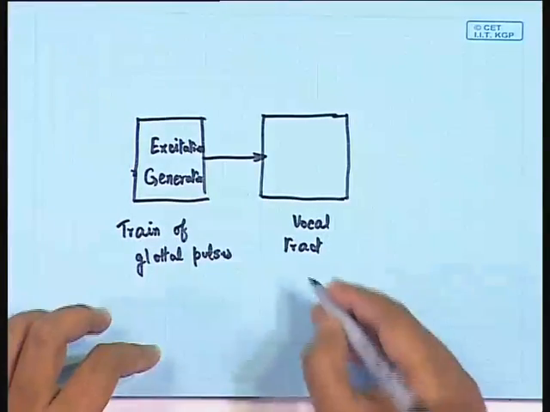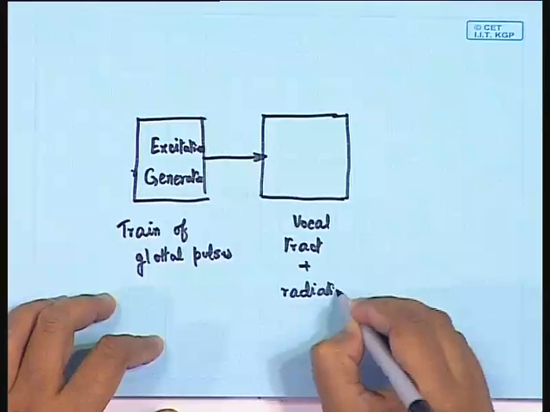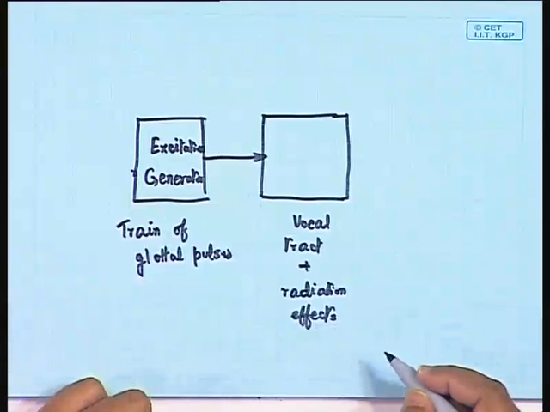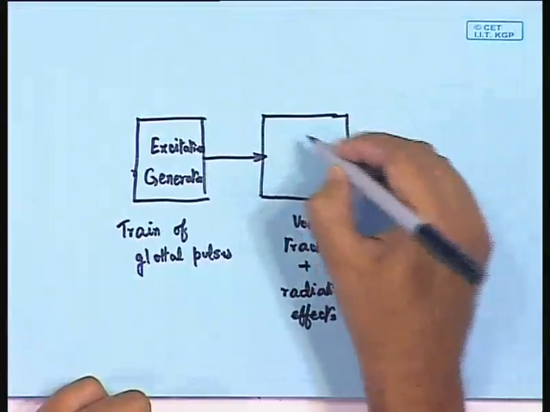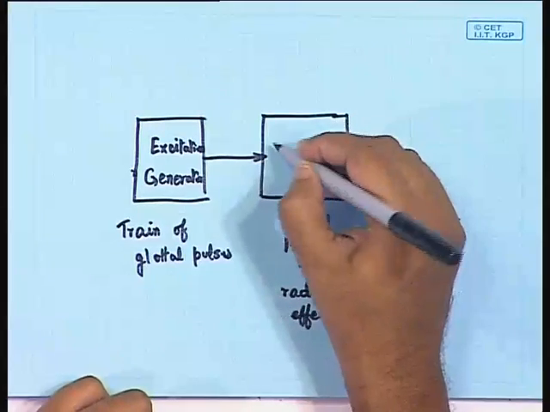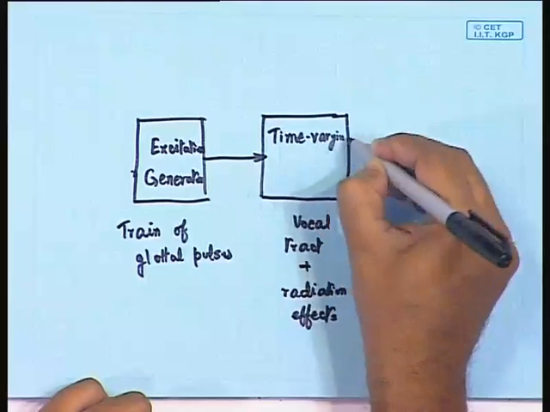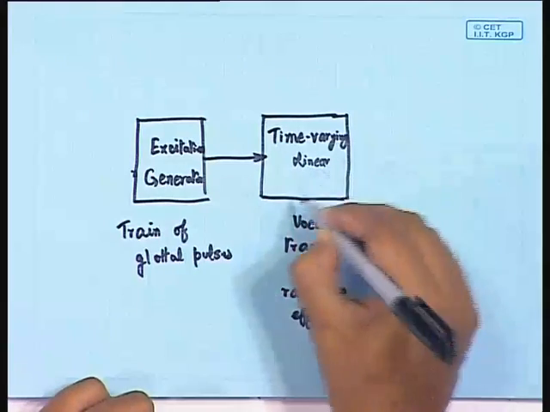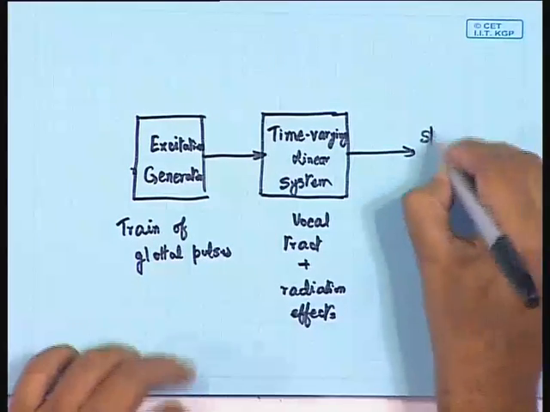Now the vocal tract, along with that we also have to consider the effects of radiation. So we call this vocal tract plus radiation effects, and as I was telling you, this acts like a filter, a linear system, and we can model it as a time-varying linear system. Why? Because its parameters keep varying with time, as I was emphasizing again and again. So this is a time-varying linear system, and this ultimately produces the speech output.